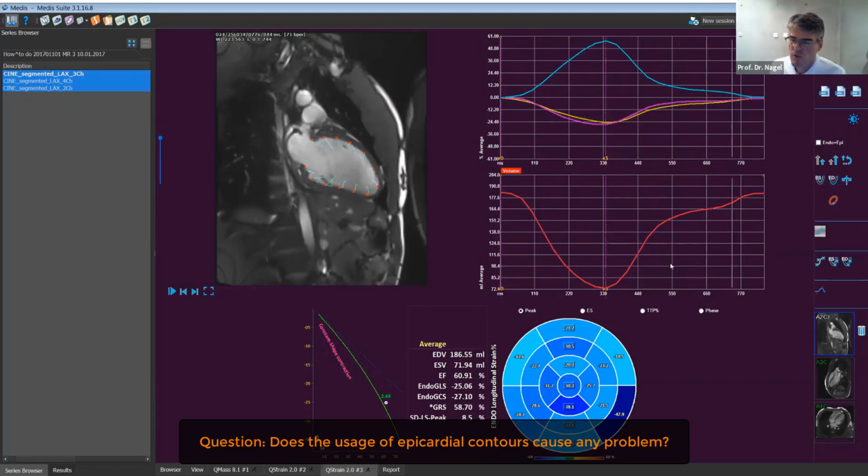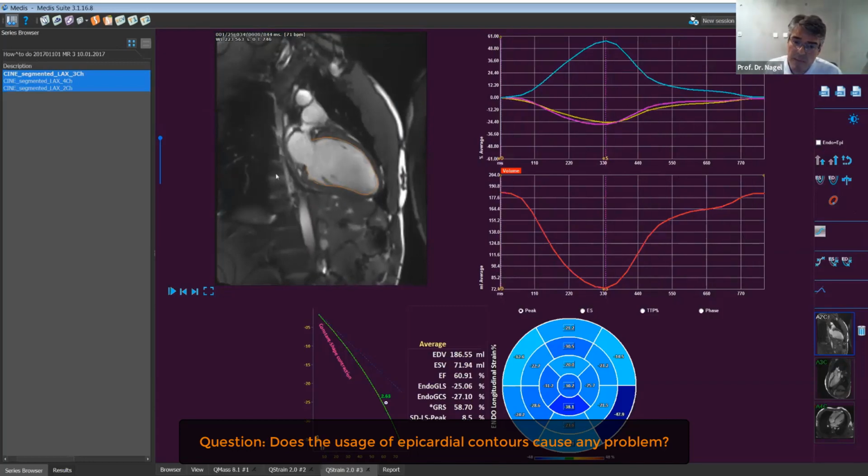Radial strain has been shown to be not very reproducible because it relies on relatively thin structures, and any small mistake of one voxel will already cause about a 10% error. And you can see here that you can easily get a few voxels off with the current tracking mechanisms. So if you really want to do radial strain, you have to place your contours with much more effort.